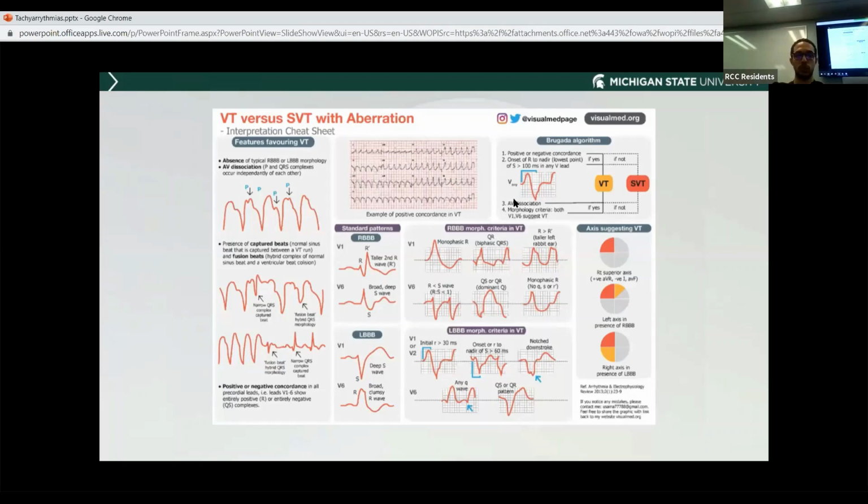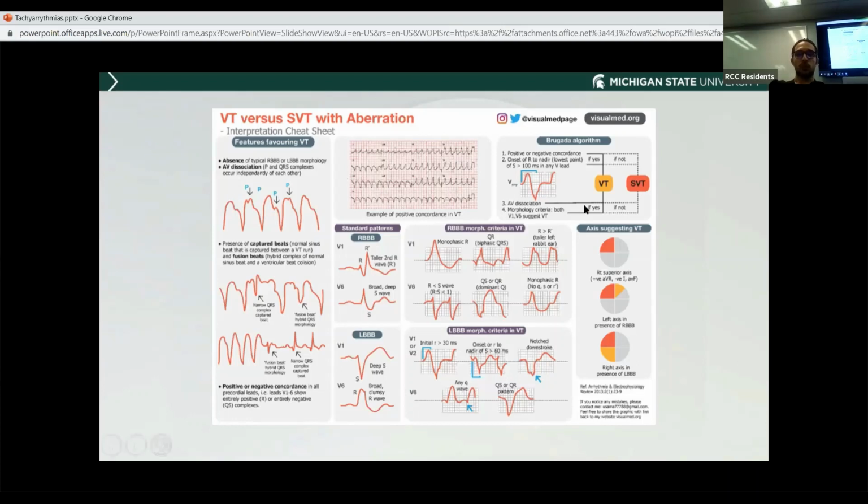If it is an SVT, you will have a P wave preceding every single QRS. However, if it is VTAC, it will be completely independent. You have a sinus node that's firing, and you have a wide complex QRS that results from the ventricles, completely independent of the P waves. So if you have AV dissociation, that's clear-cut that this is VTAC.